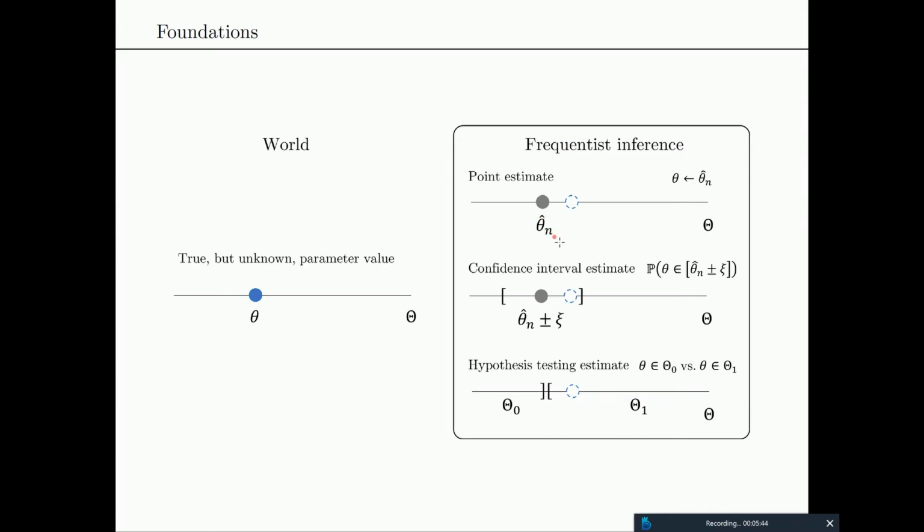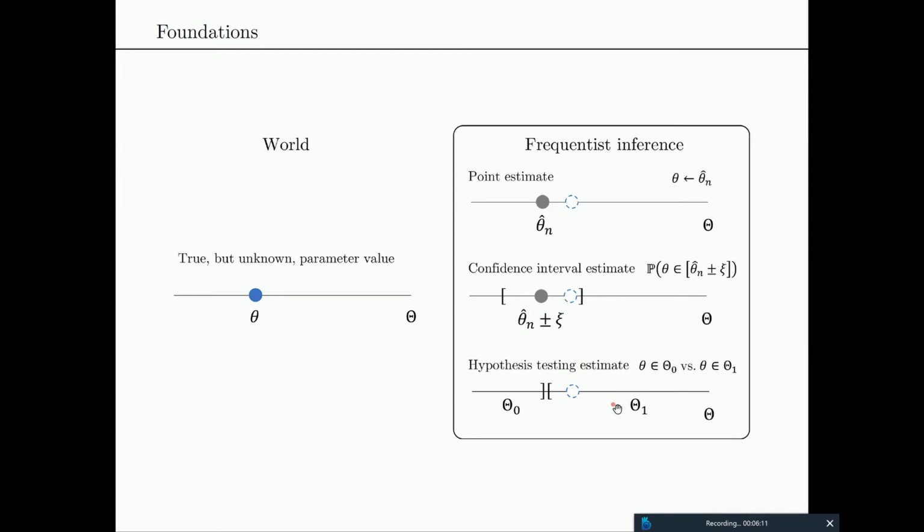With the point estimate, we have a very precise statement about what the unknown parameter is, and we have very low probability that we're actually correct. Here we can have a high probability to be correct if we resample data, so 95% confidence intervals, but we are less precise in our statement about the true but unknown parameter because we allow for a whole range.